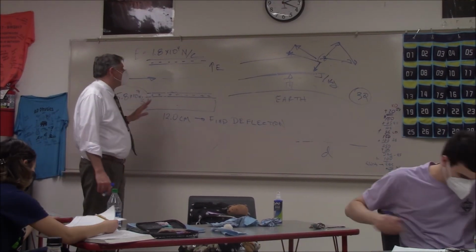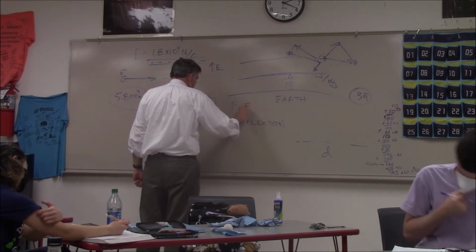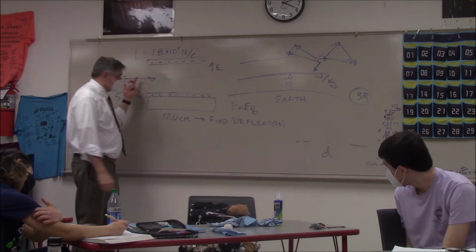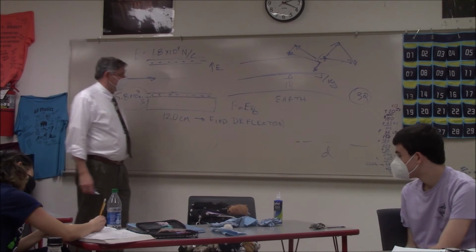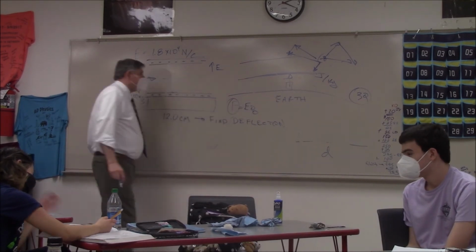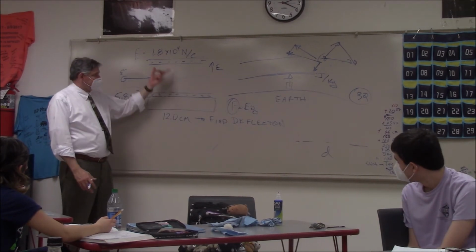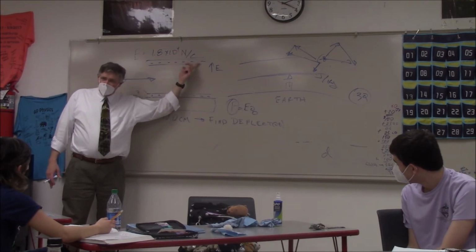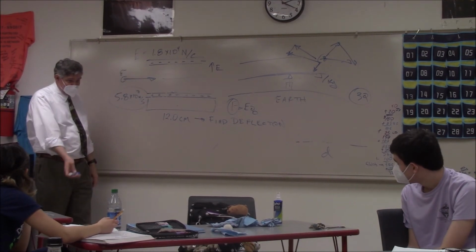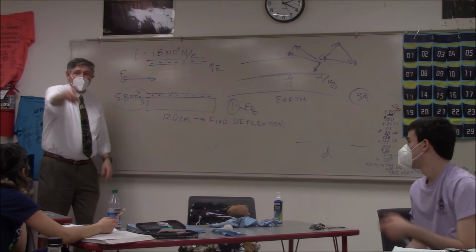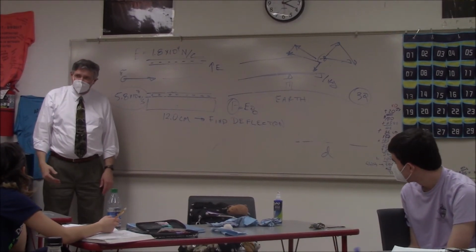So look, you can go F equals qE, right? You have an electron, so you know the charge on the electron. You know the electric field, you can find the force. Now, which direction is the force going to act? Upward, so this is like upward gravity, right? So if I take this marker and I throw it to Diego, why did it only accelerate vertically when it left my hand?